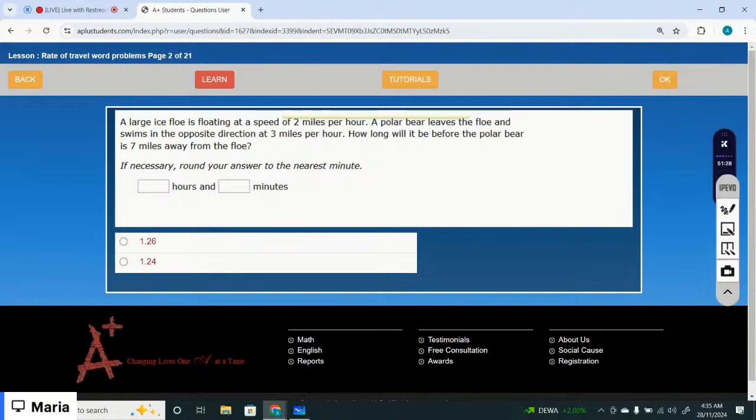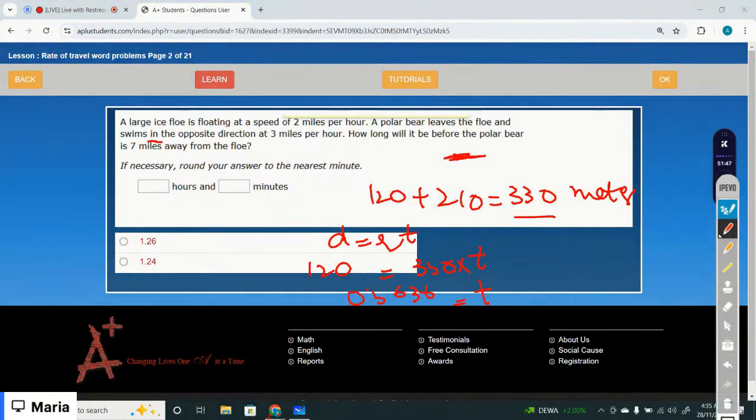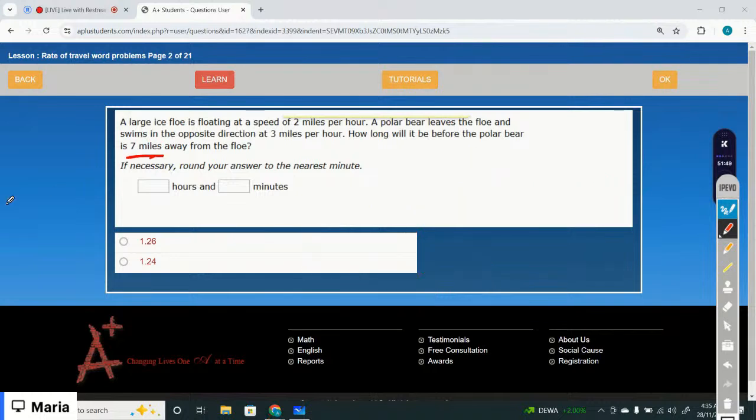A large ice floe is floating at the speed of 2 miles per hour. A polar bear leaves the floe and swims in the opposite direction at 3 miles per hour. How long will it be before the polar bear is 7 miles away from the floe? So that means the distance you have to calculate is 7 miles, right? The floe is moving 2 miles per hour and the polar bear is 3 miles per hour.